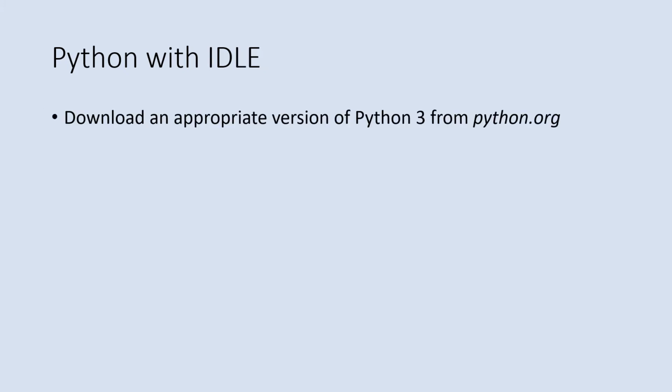With Idle, which is the default IDE that comes with Python, you go to python.org, and you download the most recent version of now Python 3.